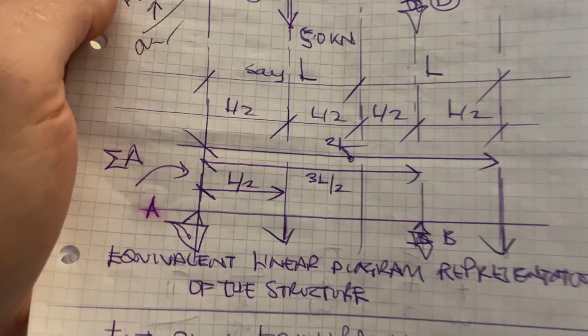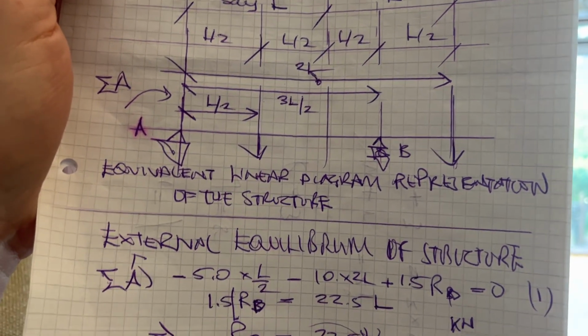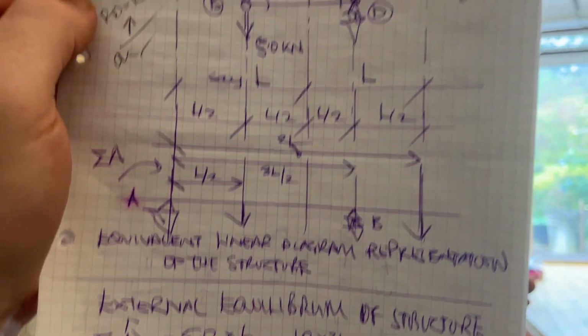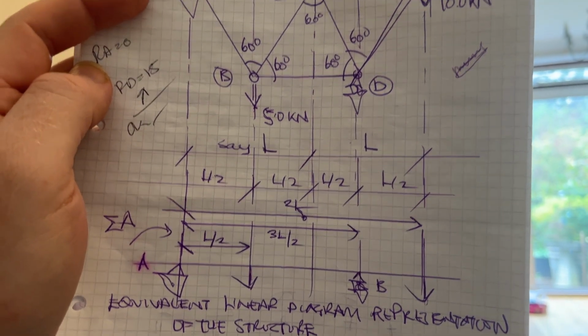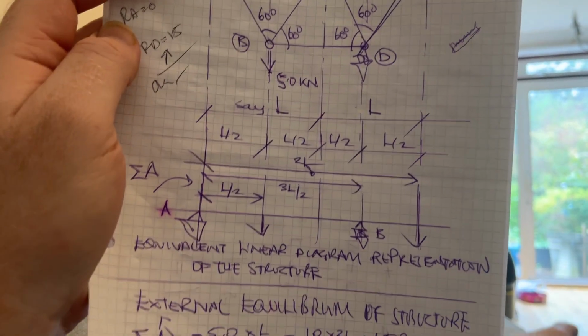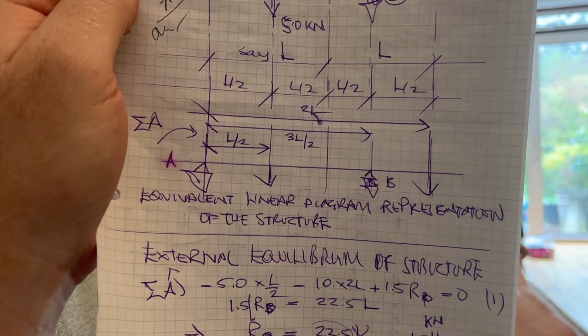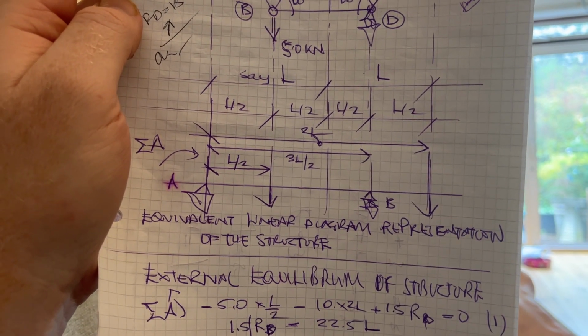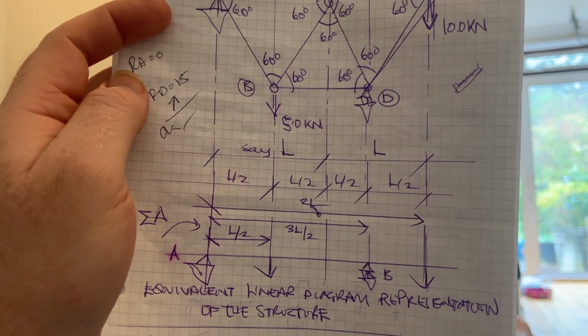Okay, so I've done the equivalent linear diagram representation of the structure. If you take moments about A, that little diagram there is just the lever arms of the forces.